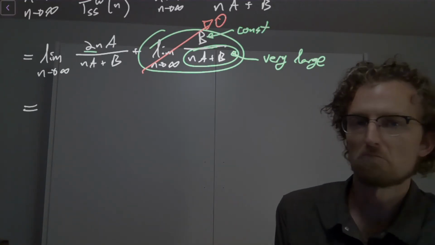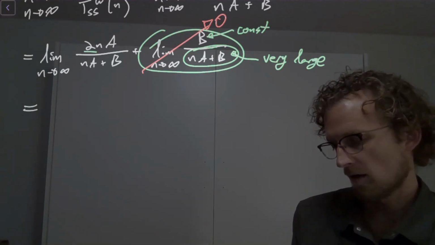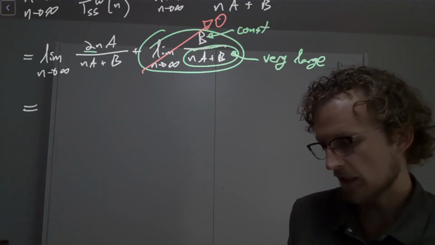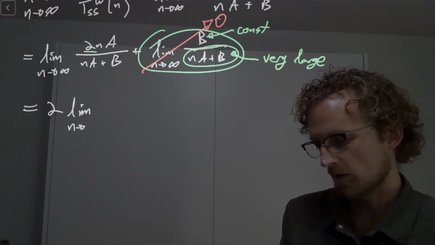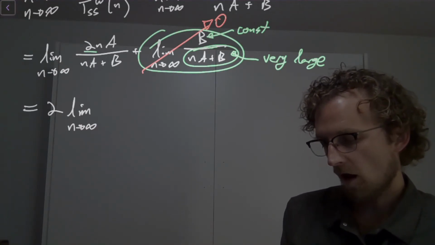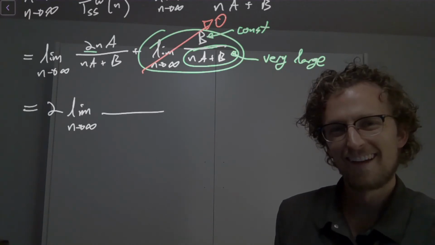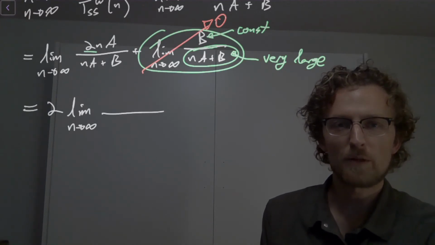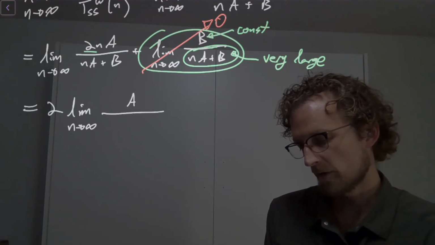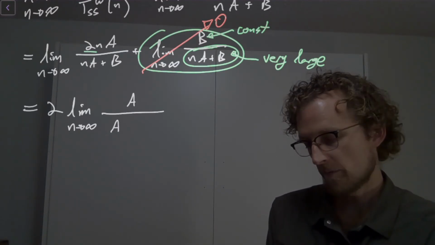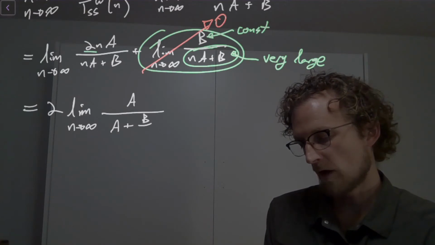It's a constant, so I can just take it out. So this is 2 times the limit as n approaches infinity of some stuff. Now let me divide both the top and the bottom by n. So I'll end up with a on top divided by a on the bottom plus b over n.